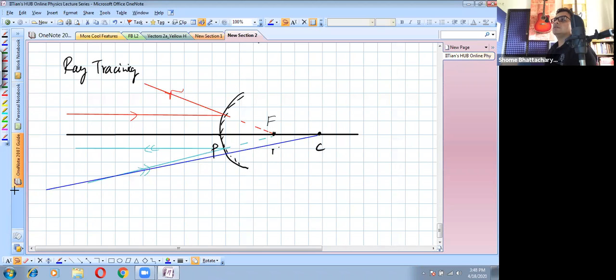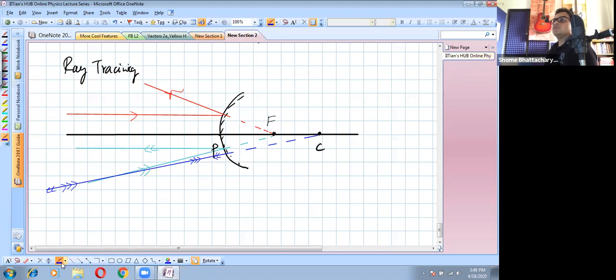Extend it a little bit. So this ray, again, it doesn't really go and meet the center of curvature, but it is incident in such a way that if you produce it behind, it appears to. Okay. So what will happen over here is after reflection, it will just retrace its path, because it's normal incidence.